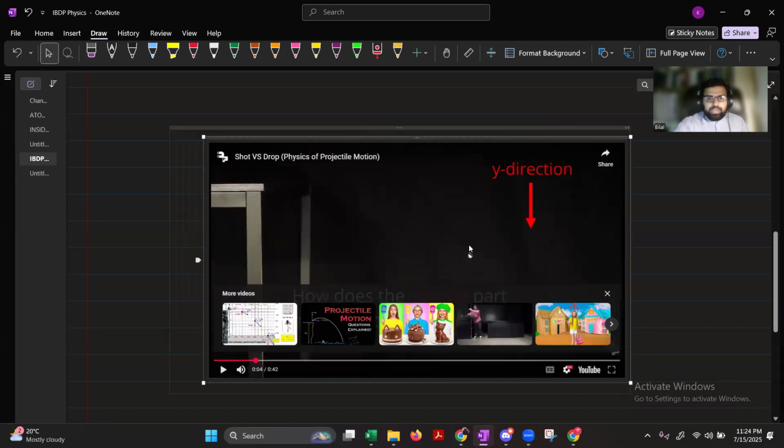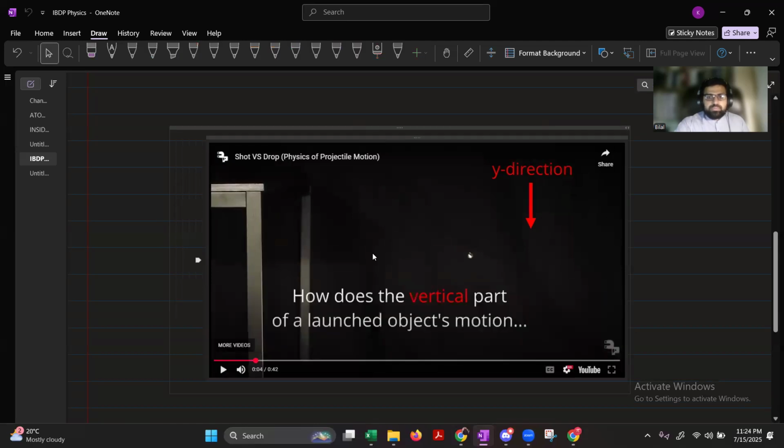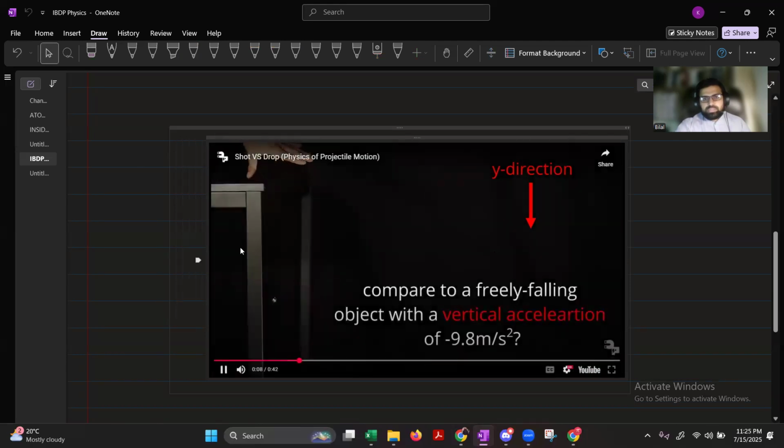One of the motions is a drop motion and the other one is a shot motion. This is a direct drop motion, and the vertical acceleration of the ball in this vertical drop is minus 9.8.